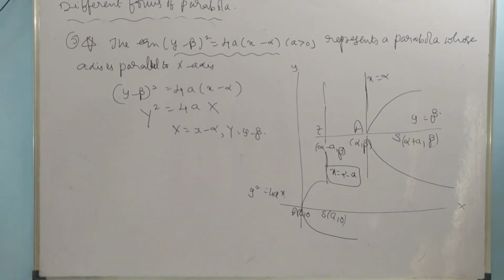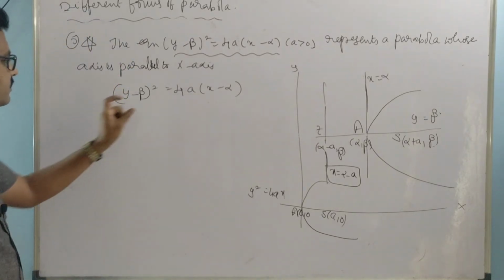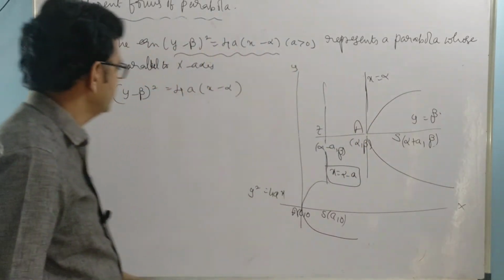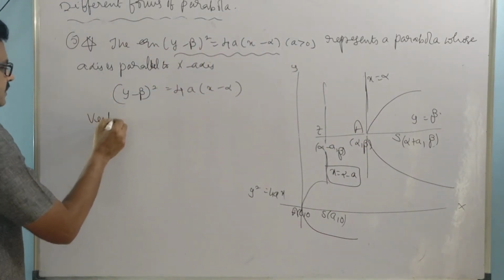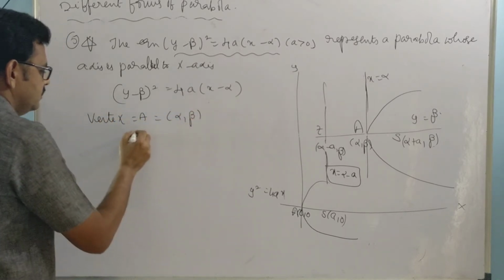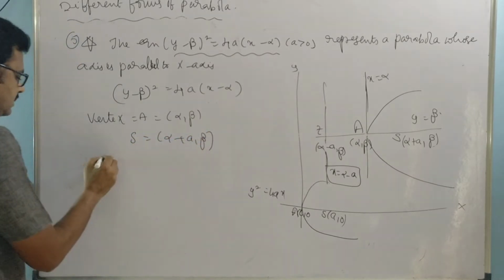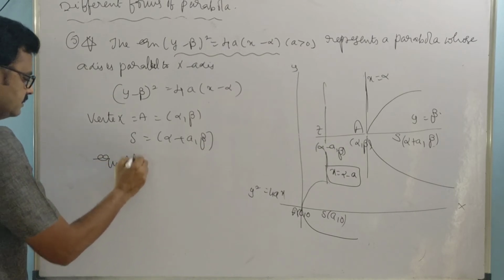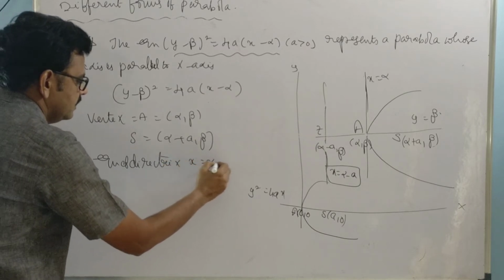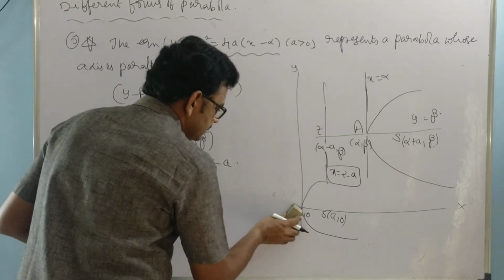The y square equal to 4ax form is a parabola symmetric about the x-axis. So vertex alpha comma beta, focus alpha plus a comma beta, equation of directrix x equal to alpha minus a.